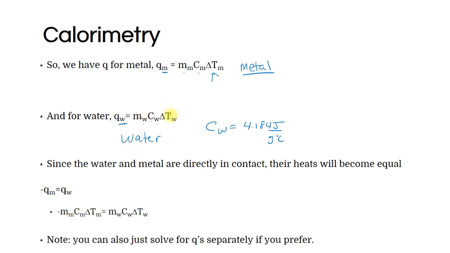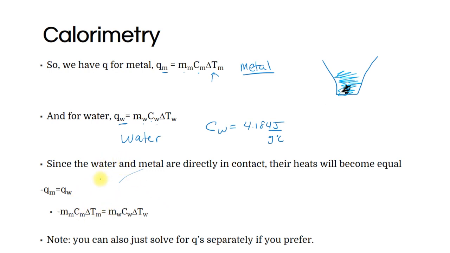So we're going to have this system where we have our coffee cup. Here's our awesome drawing of a coffee cup. And inside the coffee cup is going to be a little metal object that we heated up. So that's our hot metal. And because it's going to be touching the water inside the cup, it is going to change the temperature of the water, and we can measure that.